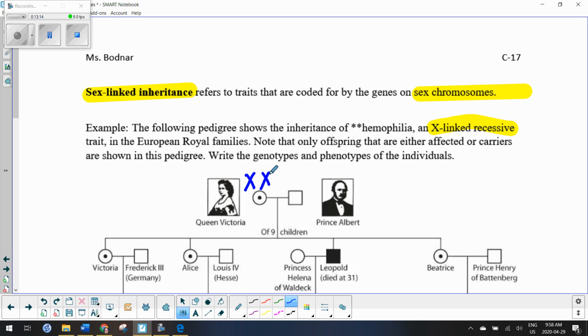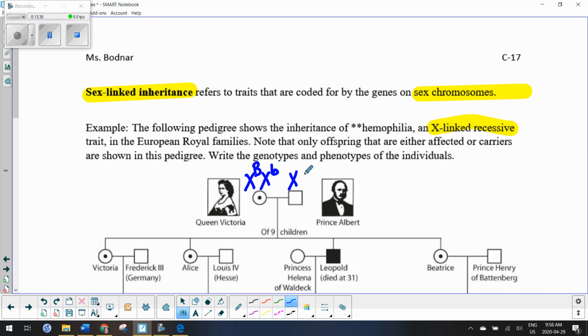Now she is a carrier, which means she has the trait, but she's not expressing it, which means she doesn't have hemophilia. Since it's recessive, she needs to have a big B as well to show that she doesn't have the trait.